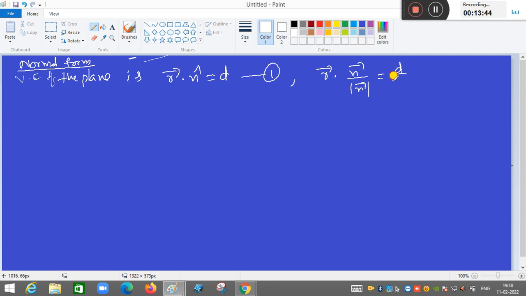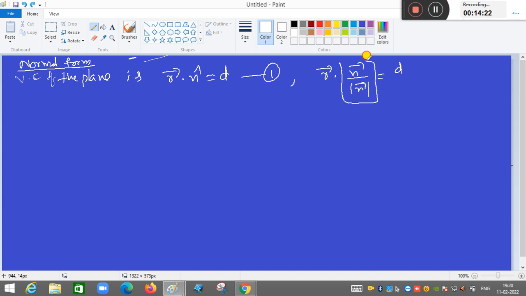So n cap equal to n bar by magnitude of n bar. So we divide both the sides. So this is equal to this.